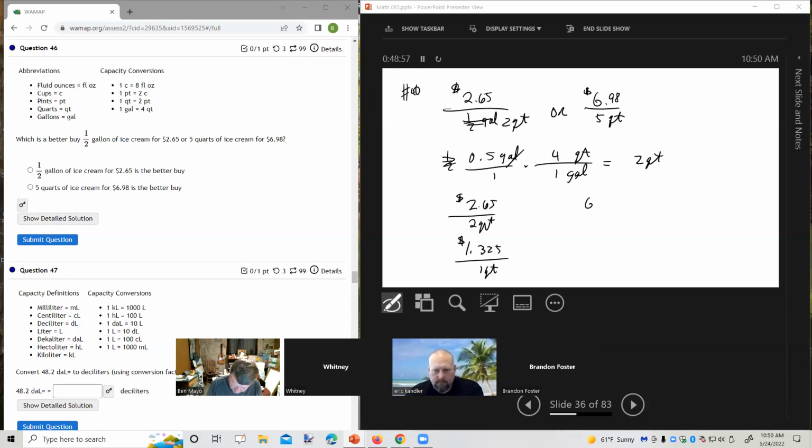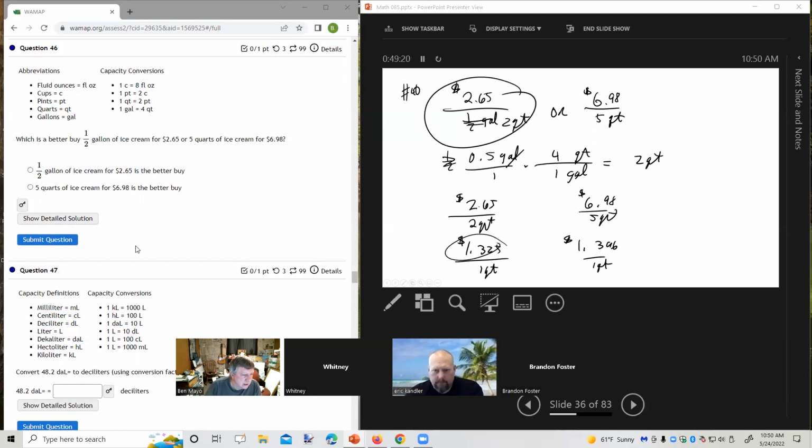And then the second one, $6.98 for 5 quarts. That would be 6.98 divided by 5, which is $1.396 per quart. So this one is the better buy because it's less dollars per quart.